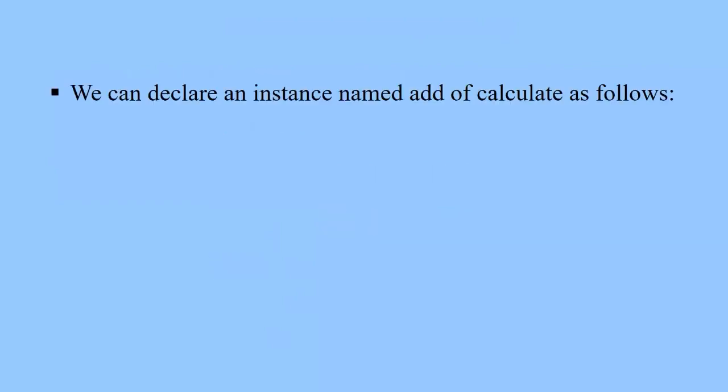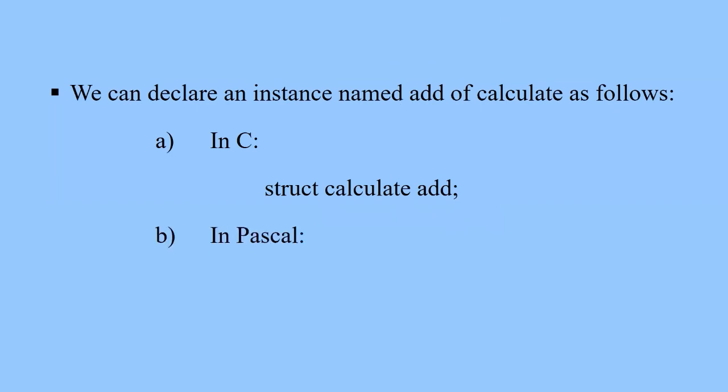Then we can declare an instance named and of calculate as follows. Like in C, we can have struct calculate and. That means and is an instance, like an object. It's like a variable that will be used to manipulate the elements of the struct called calculate.